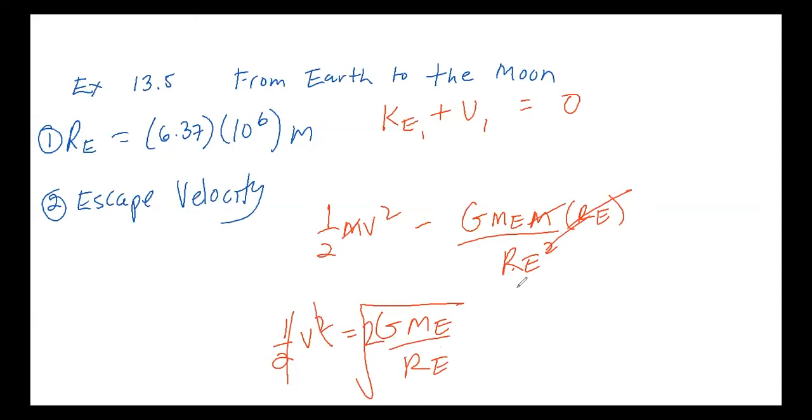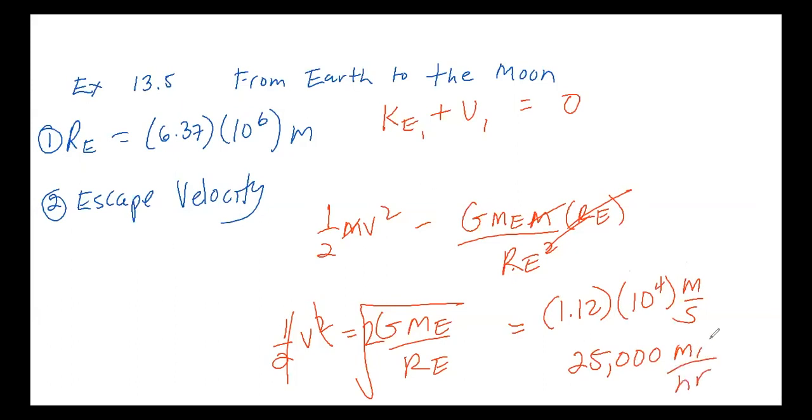You fill in the numbers, and you get escape velocity is going to be 1.12 times 10 to the 4th meters per second. Which they do the conversion, that's about 25,000 miles per hour. Well, that's how hard you have to throw a baseball up in order for it never to come down again. 25,000 miles an hour. All right.